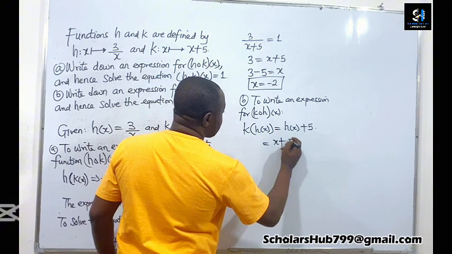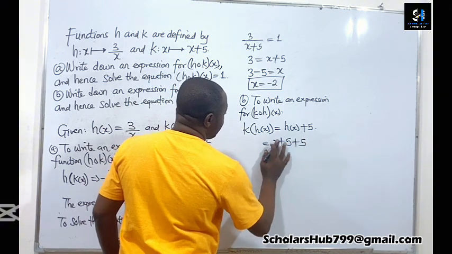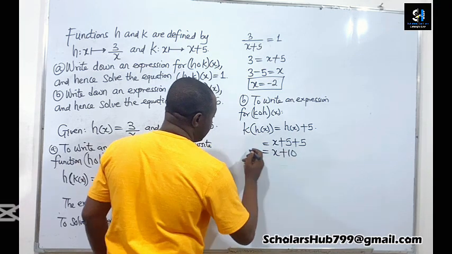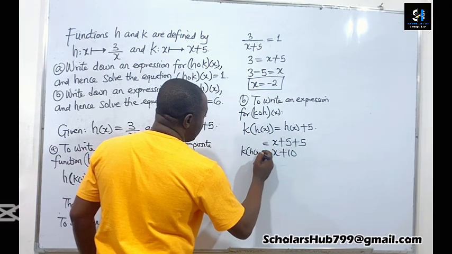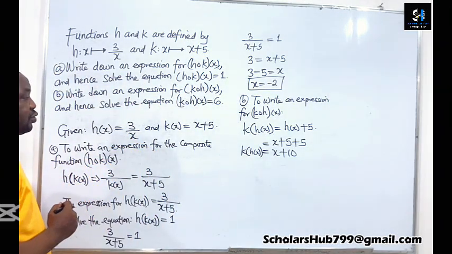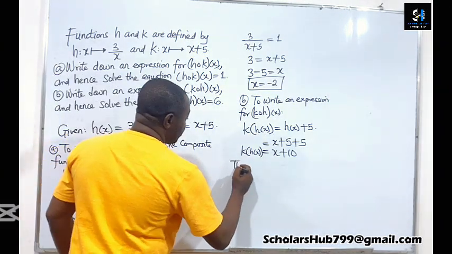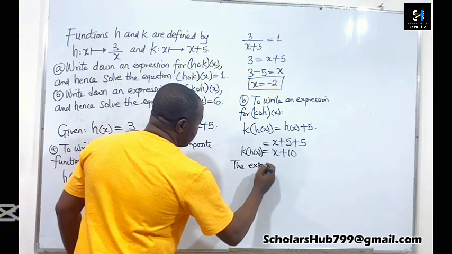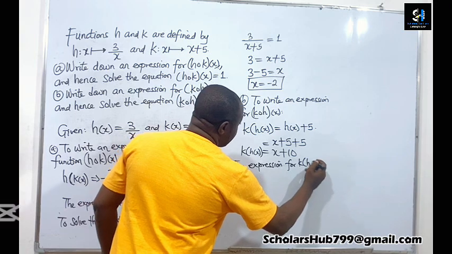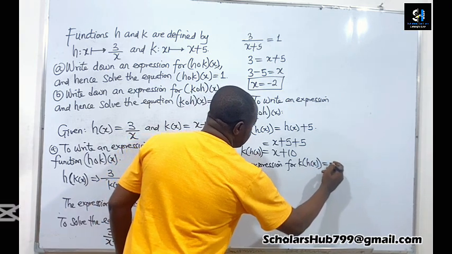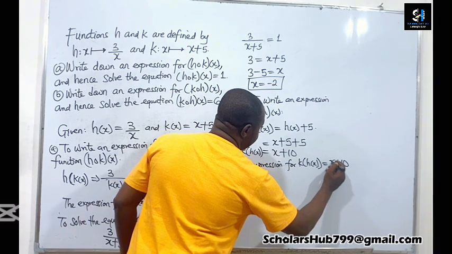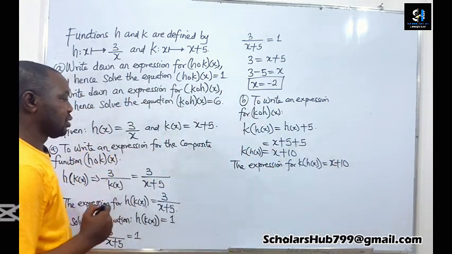So that will be x plus 5 plus 5, so this will be x plus 10. So kh of x is equal to x plus 10. That's the expression.